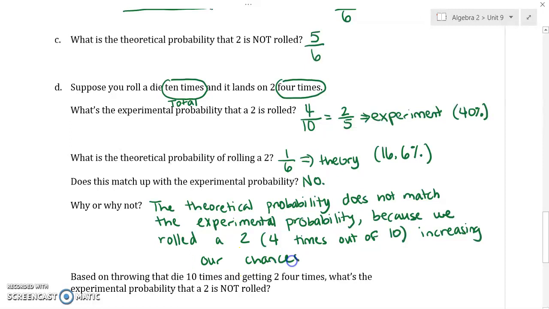Right? Like, we were expecting it not to happen that often, but it did. It's an experiment, okay? So it did increase our chances.